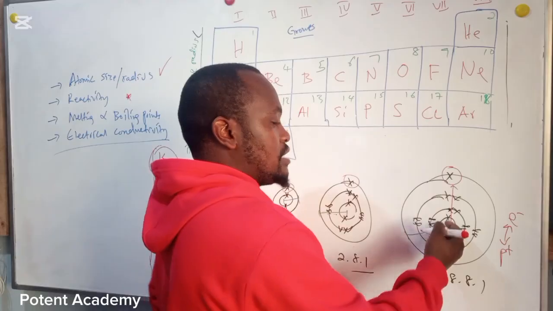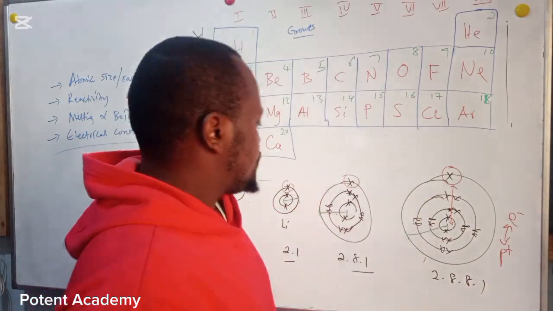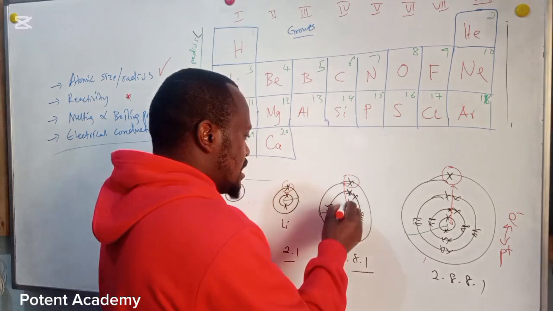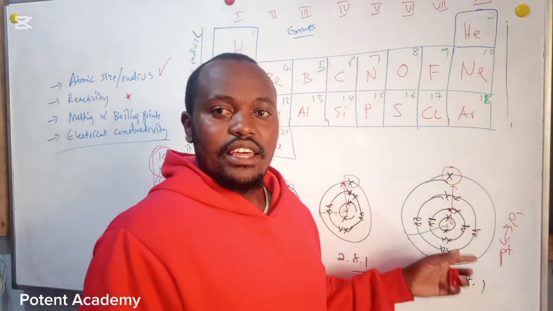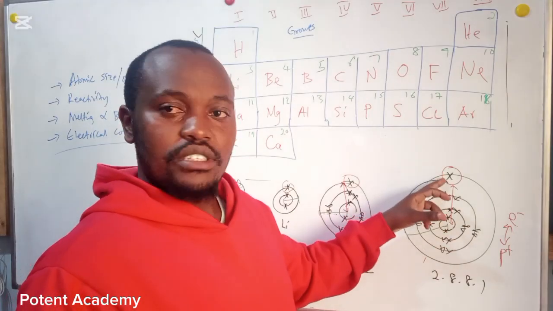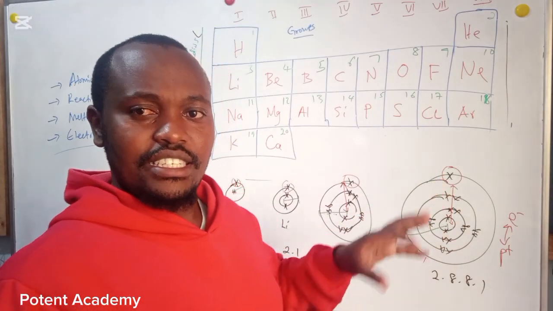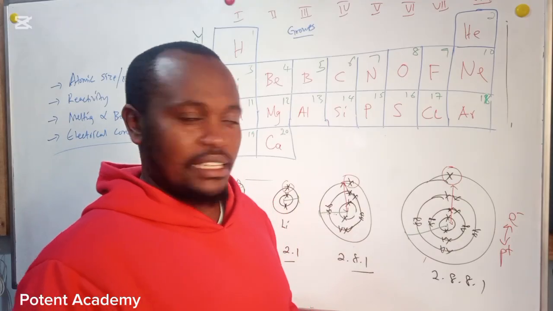The protons are present in the nucleus, the electrons are around. Now, the longer the distance from the nucleus, the least the amount of charge reaches the outermost energy level. Let me rephrase this in a more local language, Swahili.